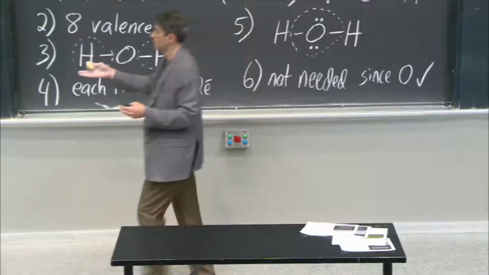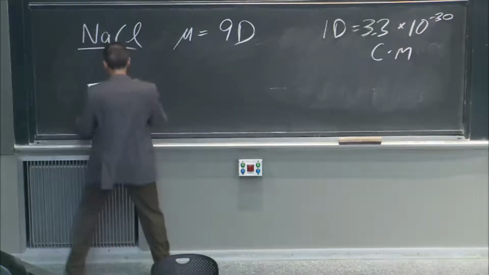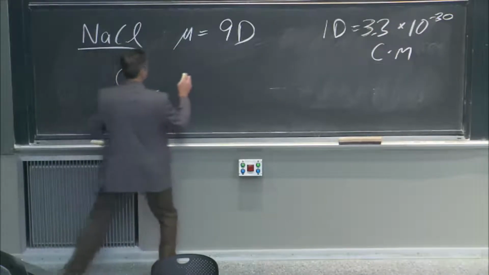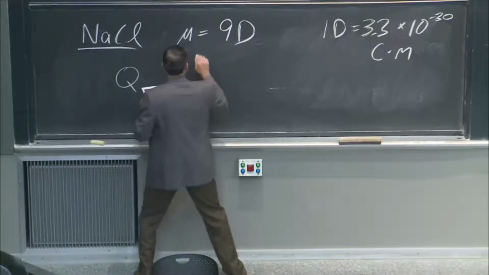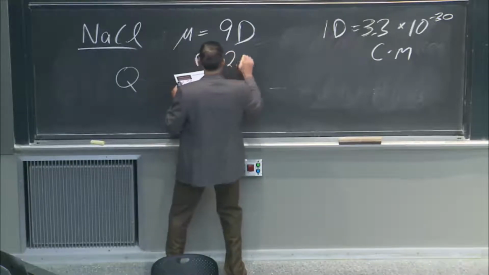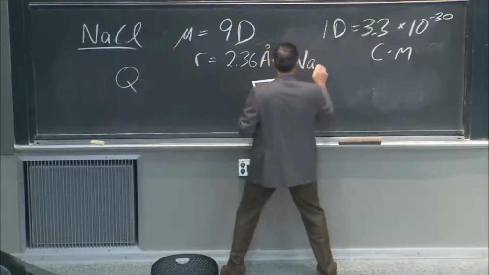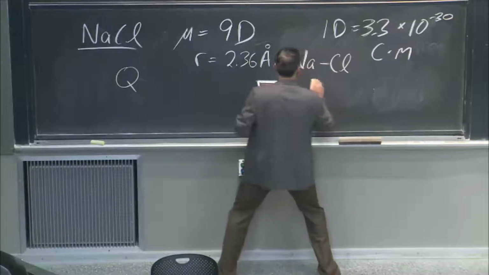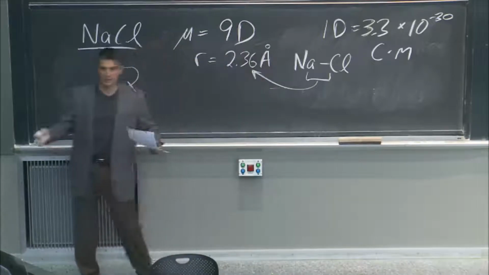So if I take sodium chloride and I tell you that its dipole moment is 9 debye, then I also have to tell you that the distance between them, R, is equal to 2.36 angstroms. That is this distance here. I've made a bond between these two things, and that bond is some distance apart.